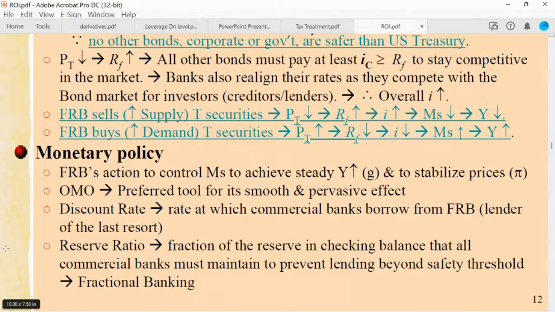But without the Fed's policy intervention, interest rates can go up or go down endogenously, meaning by reasons that arise from within the system, right? Endogenously. In other words, think about it. Interest rate will go up if the demand for borrowing goes up, right? Interest rate is the price for borrowing, right?